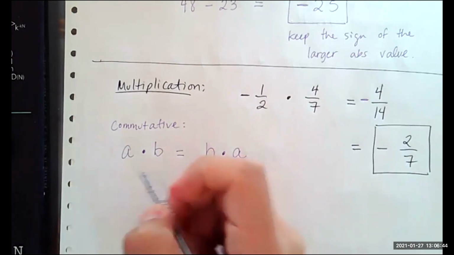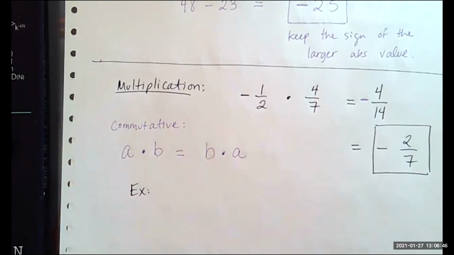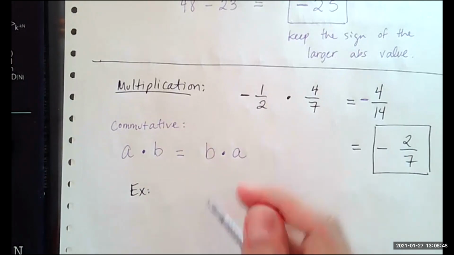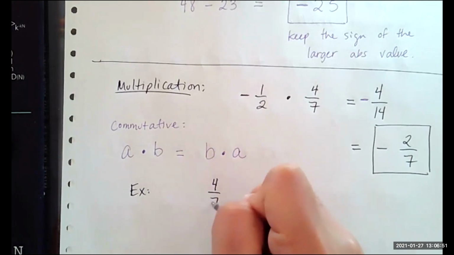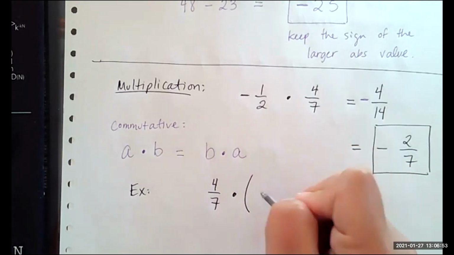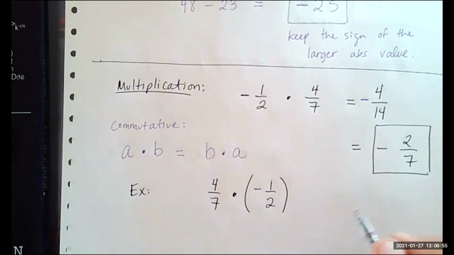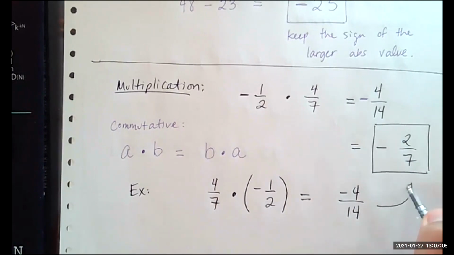Just to give you some assurance that it works, 4/7 times -1/2: 4 times -1 is -4, and 7 times 2 is still 14. So even though I flip the order, I still get the same fraction, which reduces to the same result.